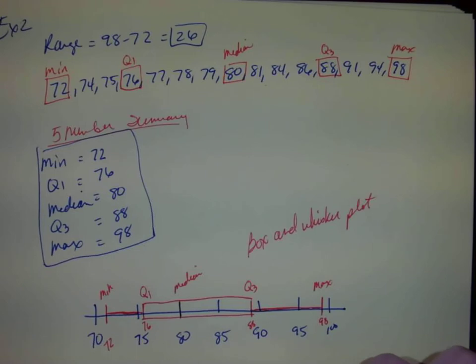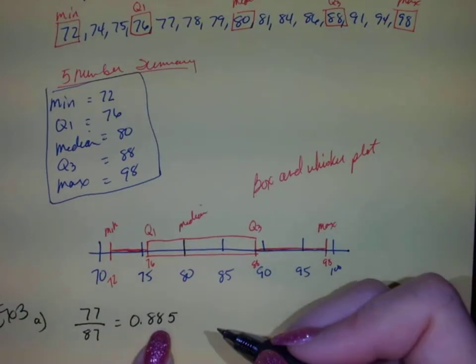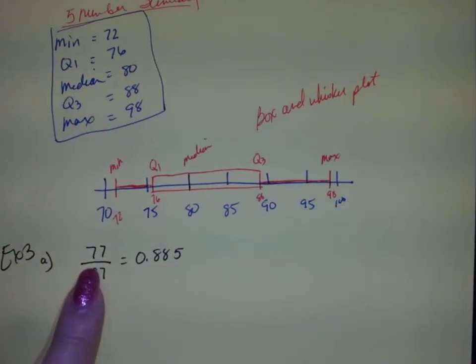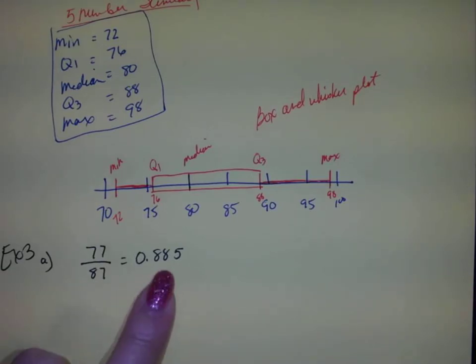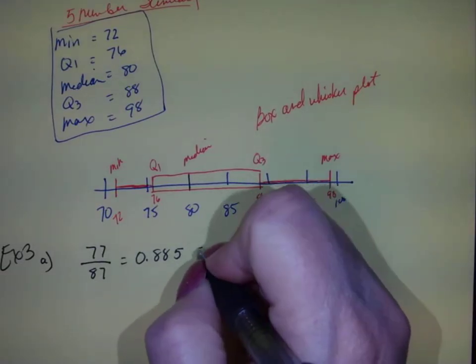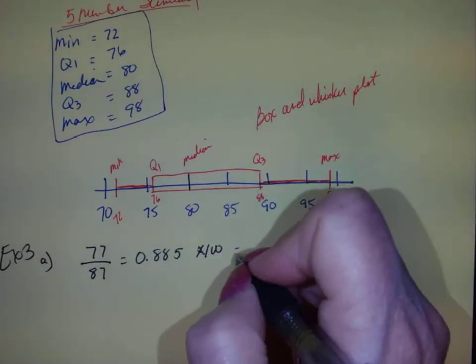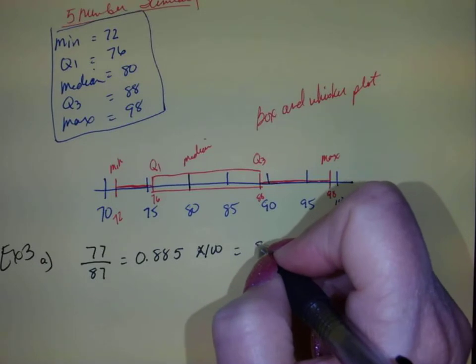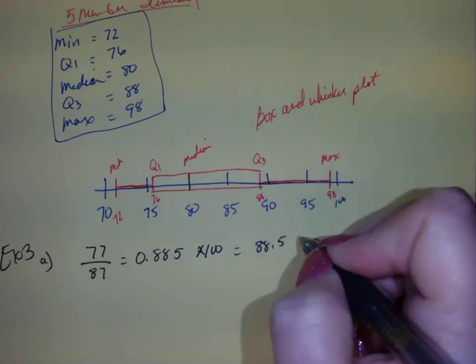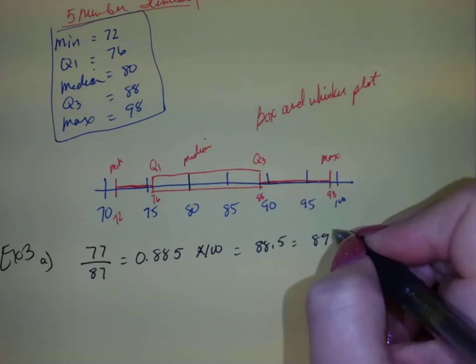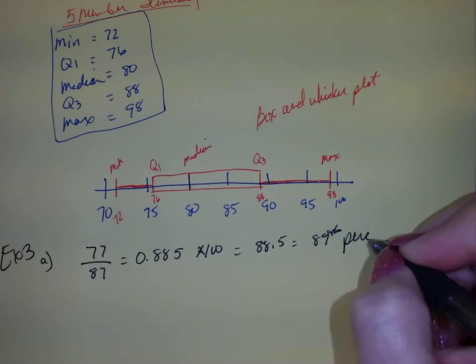Multiply that by 100, so basically move your decimal place over, oh, you cannot see, I'm so sorry. So 77 over 87, 0.885 will get us, as we multiply by 100, 88.5, which we could round up to the 89th percentile.